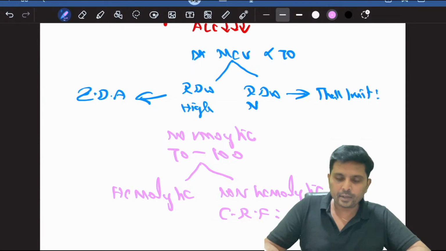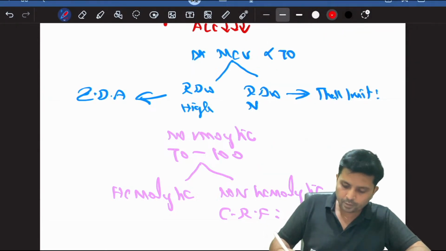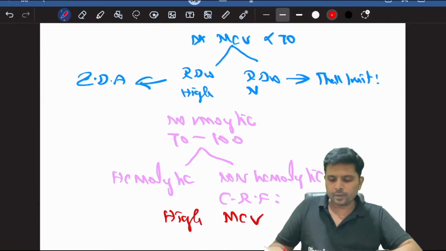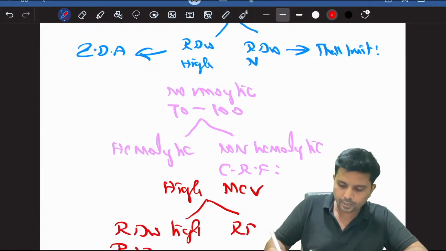And then finally you have high MCV, which means two things: RDW high means B12 deficiency, RDW normal means bone marrow hypoplasia.